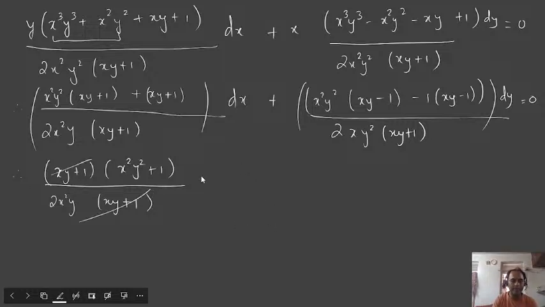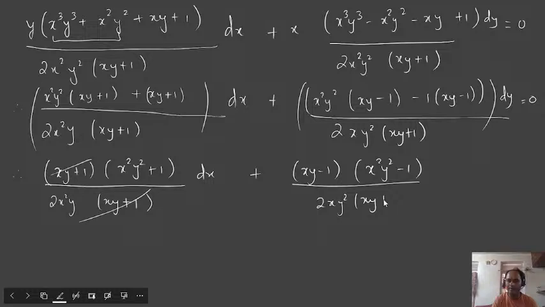Okay, with that. And over here what happens is a very nice thing. (xy minus 1) taken common, x square y square minus 1 over 2xy square (xy plus 1).